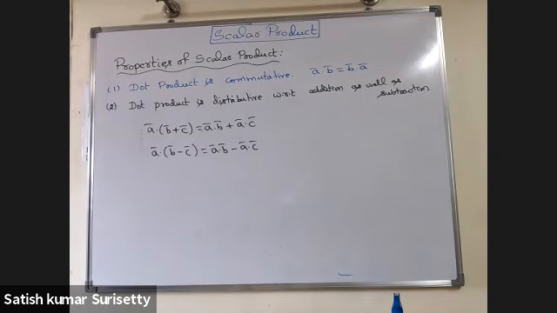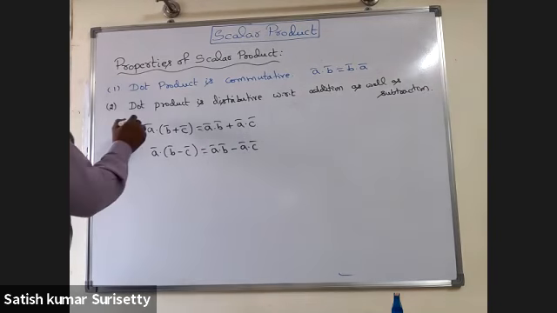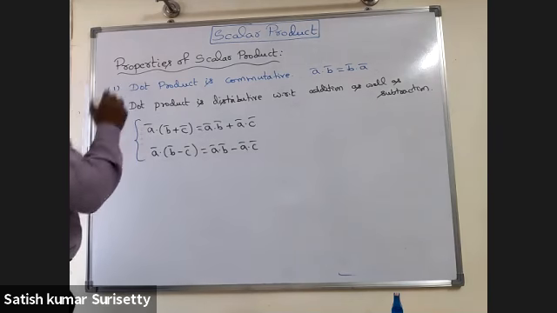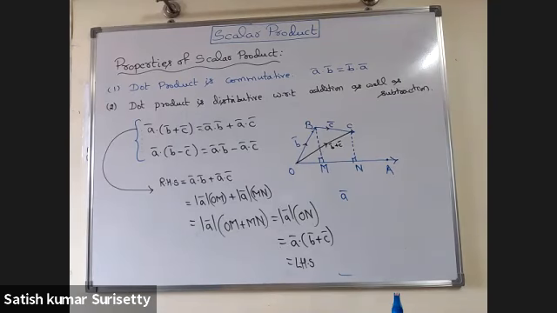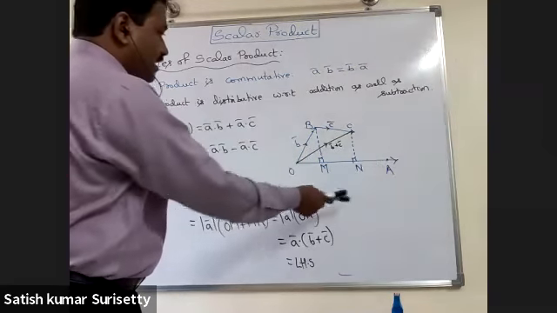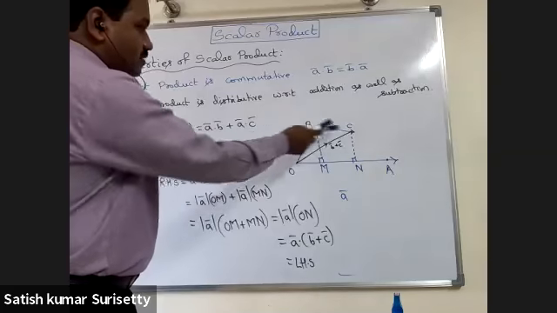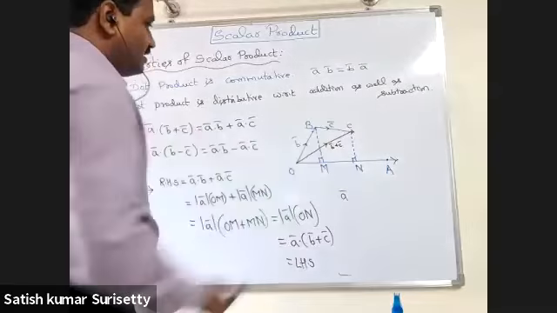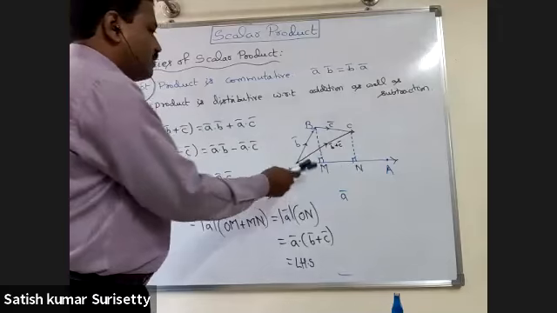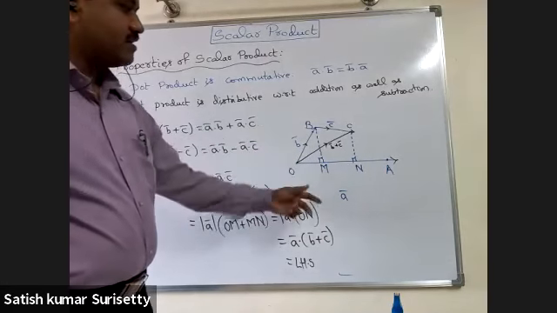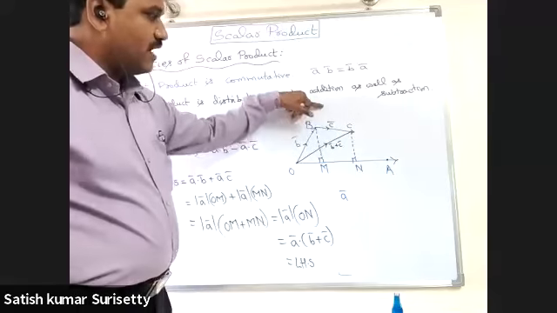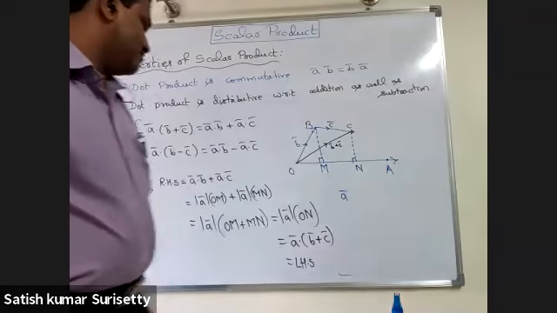You can prove this using the geometrical interpretation of scalar product. So by considering OA bar as A bar, OB bar as B bar, BC bar as C bar, draw the perpendicular and take M and N as the feet of the perpendiculars. OM is the projection of B bar on A bar. MN is the projection of C bar on A bar.